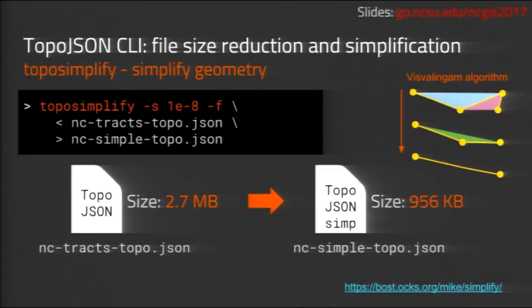So the actual algorithm that goes through this, I'm probably not the best at explaining it, but it's right here. It's a Visvalingam algorithm. So it takes all the nodes of your geometry, and it measures the angles between them. So for example, I have a blue and a pink triangle between these nodes here, and it determines any of those angles that are smaller than the others, and it removes that angle.